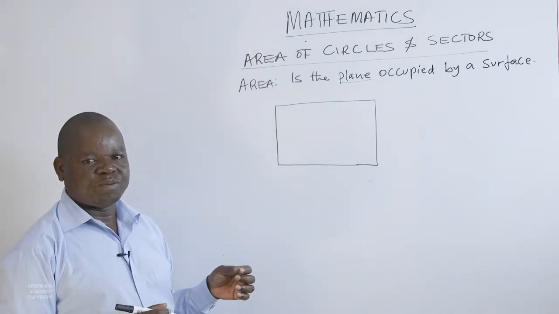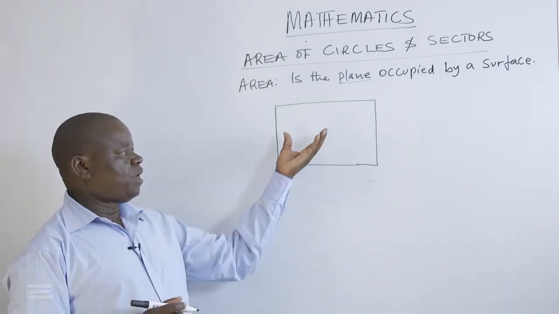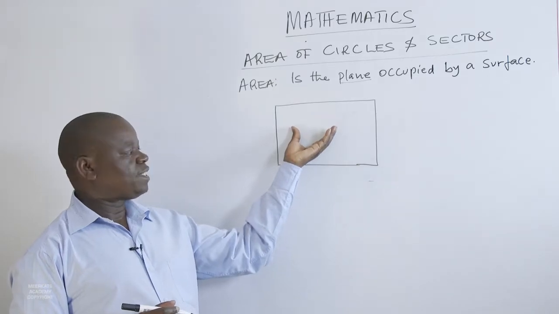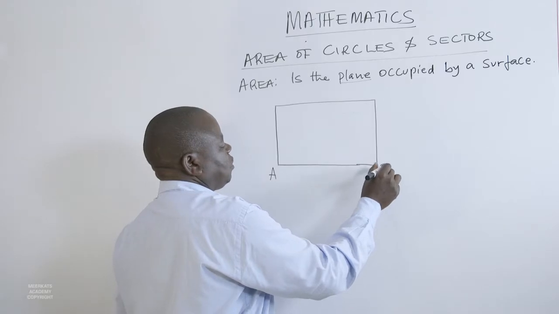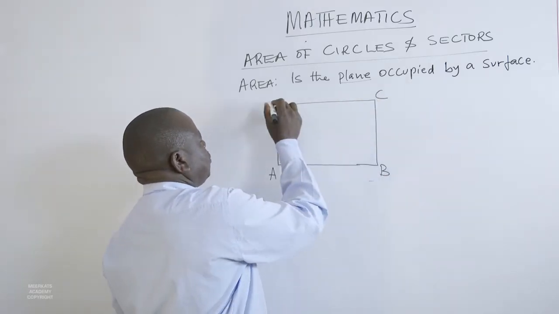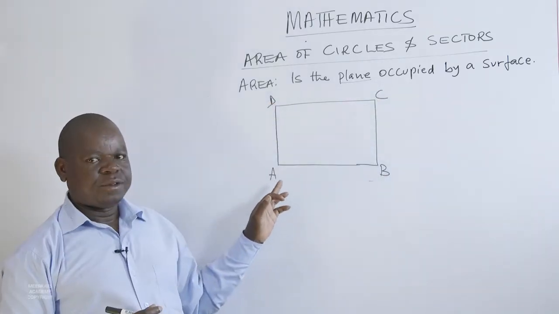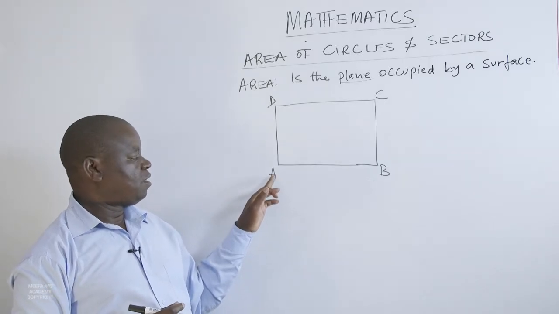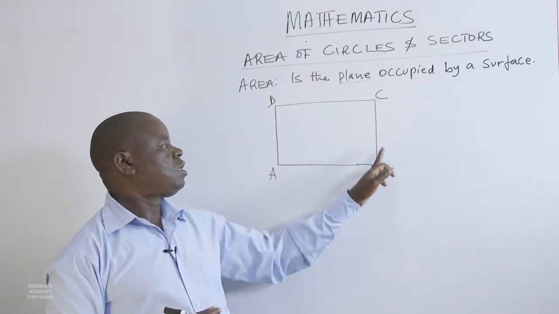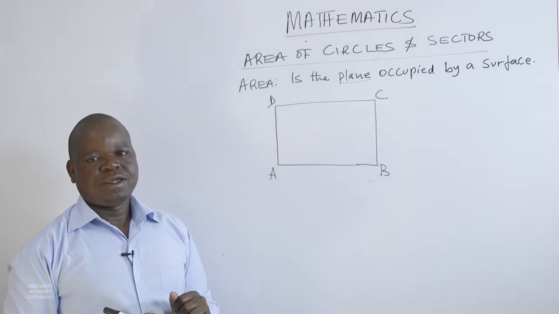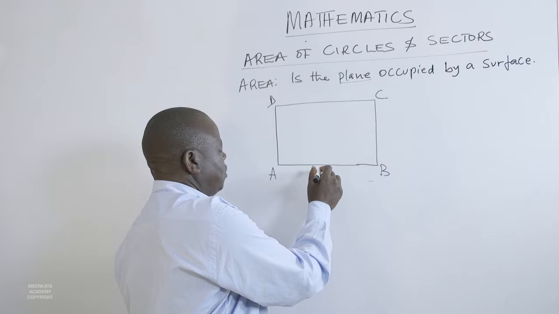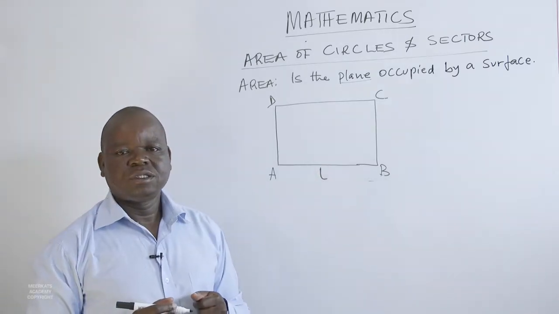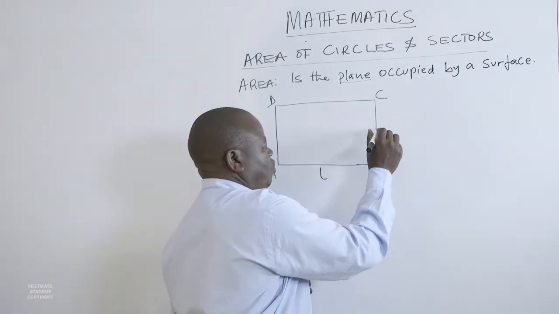So for example, if I have that one as my plane, and this plane defines the figure, which is a rectangle, A, the plane is defined by the rectangle A, B, C, D. In this particular plane, I have length and I have width.